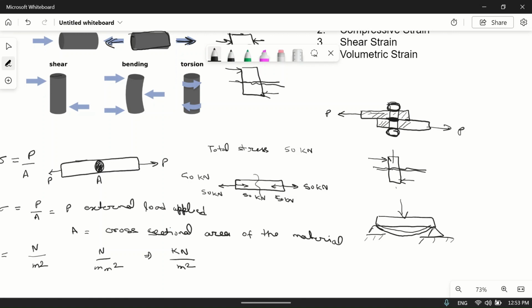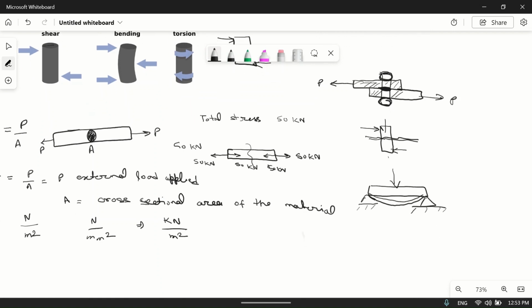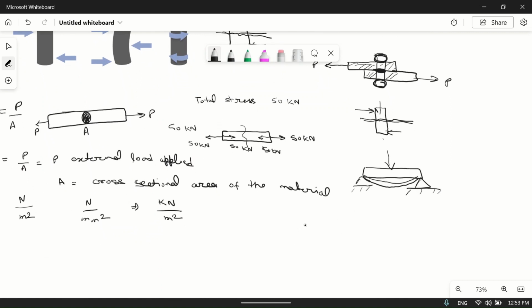The stresses developed because of this beam trying to bend are bending stresses. And what is torsion? When we try to rotate something which is fixed. Suppose this is a shaft fixed from here, and we try to rotate it clockwise or anti-clockwise, in any direction, then it will become a torsional stress.